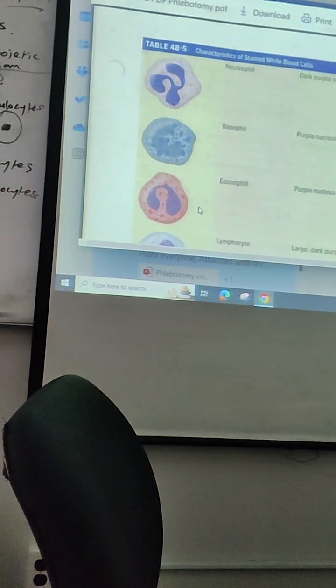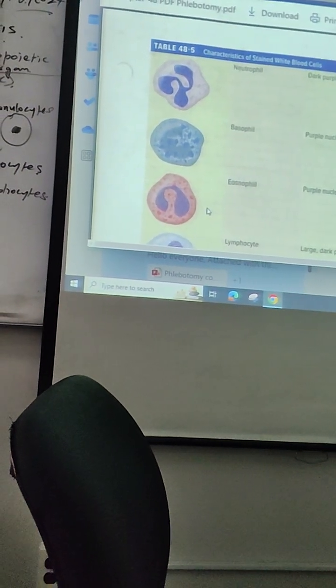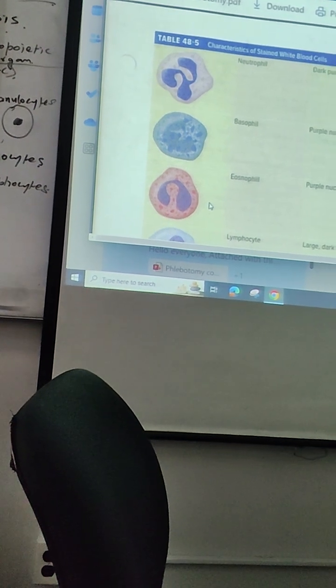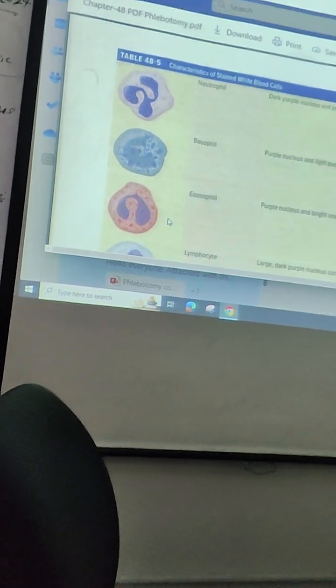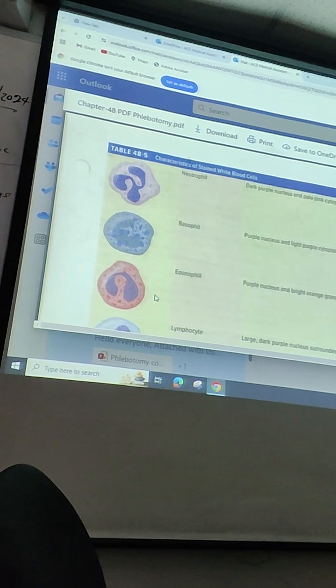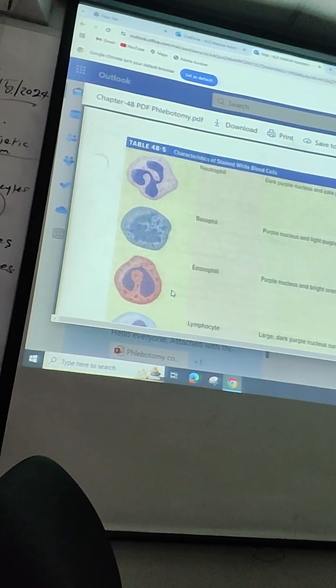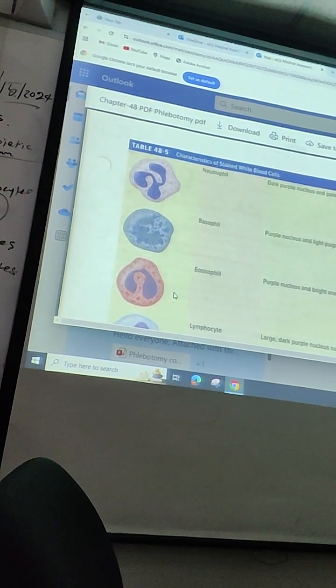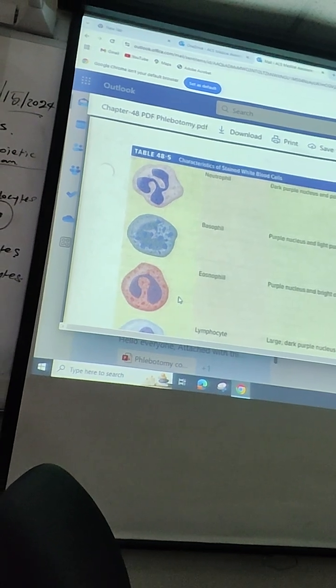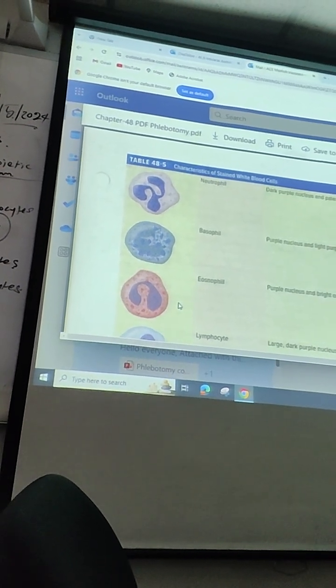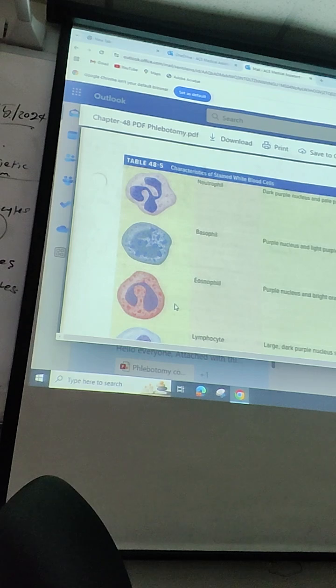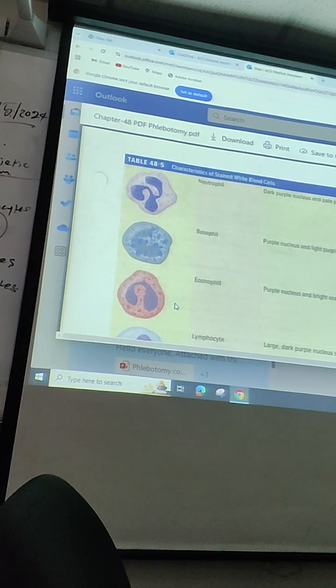These are involved in parasitic infection. If these ones are increased, it's called what? Eosinophilia. Eosinophilia means the eosinophils are increased. In fact, this book also gives you the normal percentage for each.